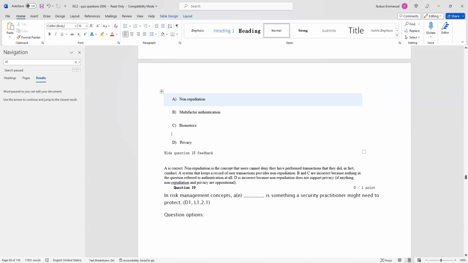A system that keeps a record of user transactions, or an audit trail, provides non-repudiation. So the user can't say, I did not do this, because a record has been kept. A log has been made of those actions.